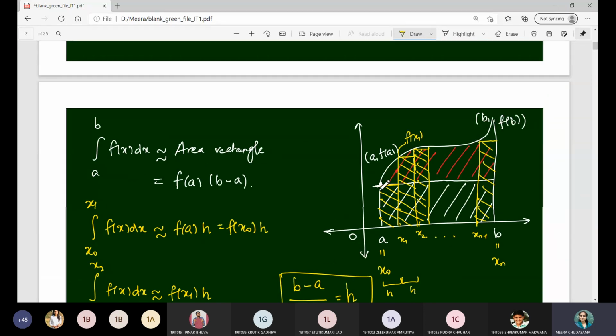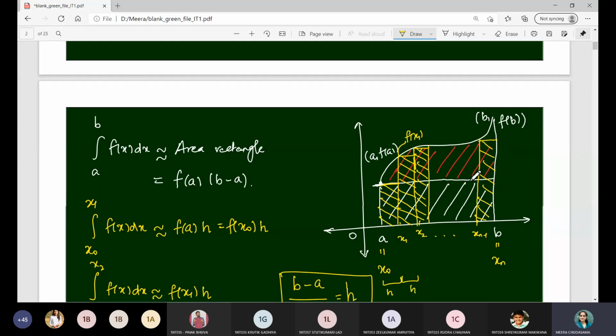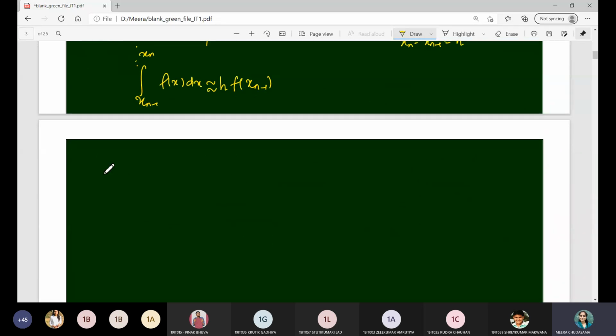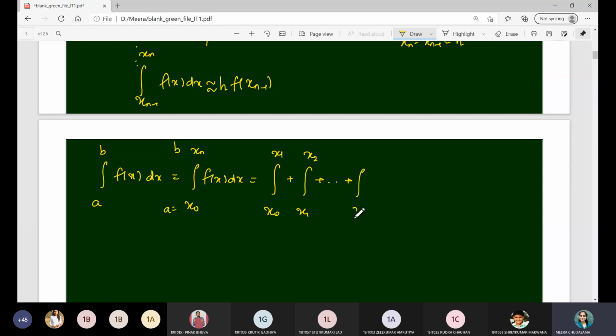So this integral a to b f of x dx is the same as x0 to xn, this is a, this is our b, f of x dx, which is the same as x0 to x1 plus x1 to x2 plus up to plus xn minus 1 to xn f of x dx.